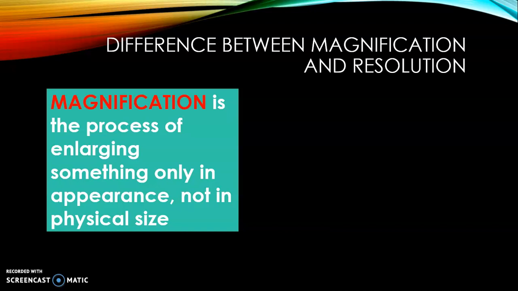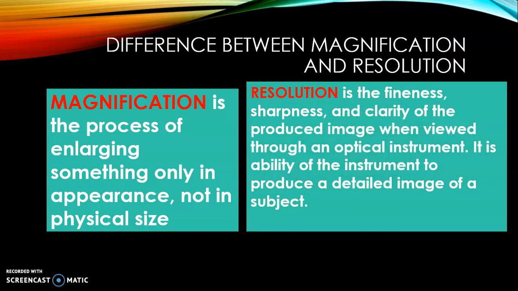In simple terms, magnification is like zooming in or out of a picture, while resolution is the fineness, sharpness, and clarity of the produced image when viewed through an optical instrument. It is the ability of the instrument to produce a detailed image of the subject. Magnification and resolution are two things that play an important role in understanding how a microscope works.